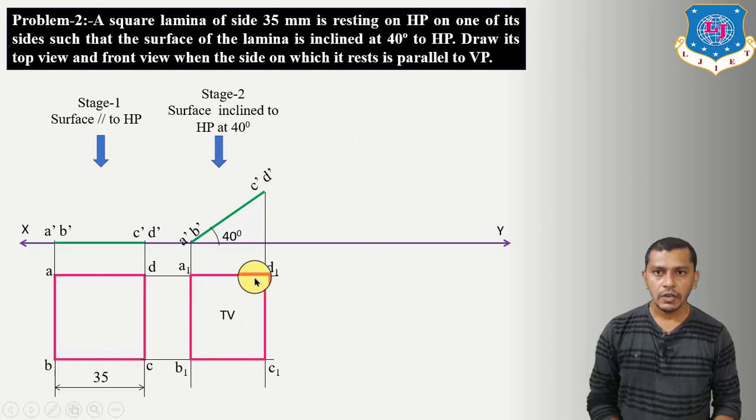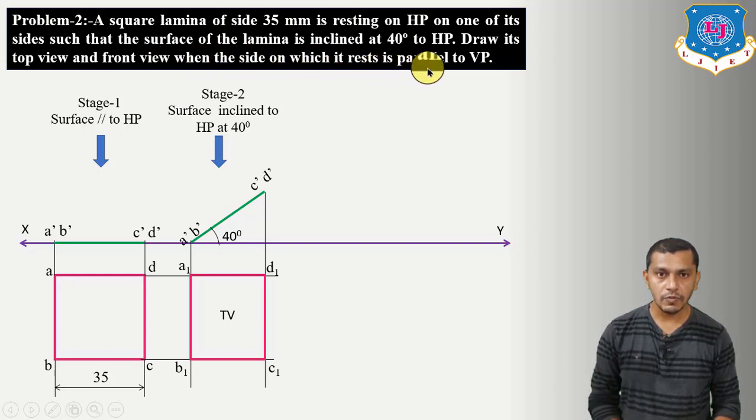Now we have to derive the third stage, and we will take the condition of the square lamina with the vertical plane. It is given that we draw its top view and front view when the side on which it rests is parallel to VP. As we have discussed, it is resting on side AB on HP. So now we have to take A1 B1 parallel to the XY reference line if we want to show this side parallel to the vertical plane.